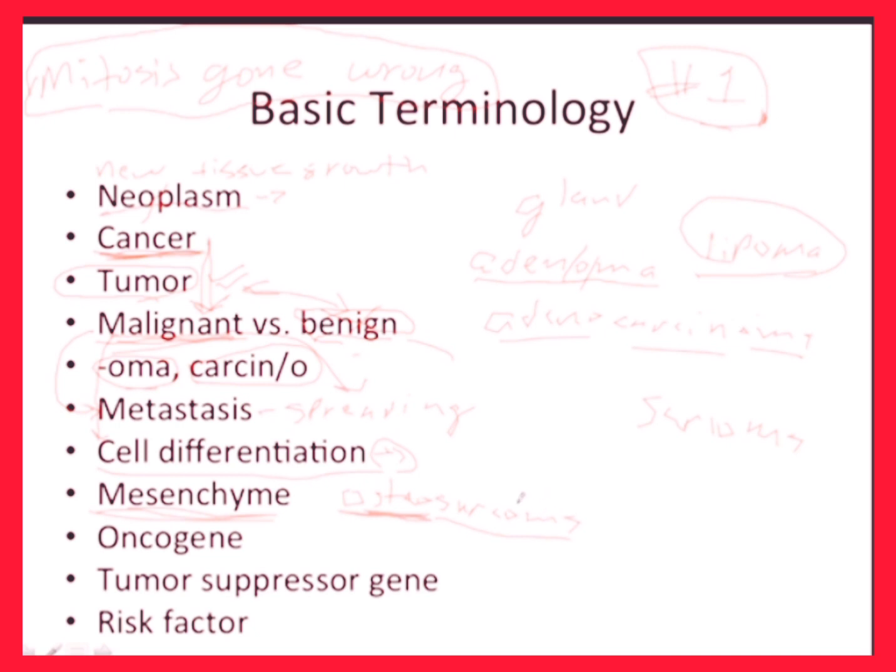And then I have these terms here, oncogene and tumor suppressor gene. I'm not going to spend a lot of time in this video getting into the genetics of cancer, because as undergraduate pathophys students, which is who this class is targeted for, you don't really need to dive into much depth with that.